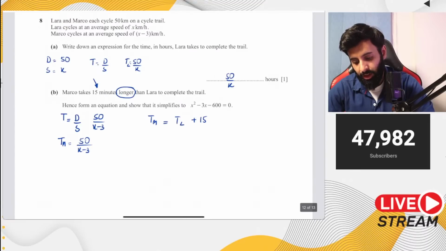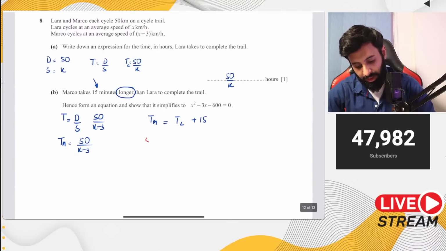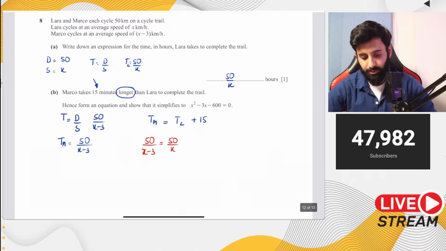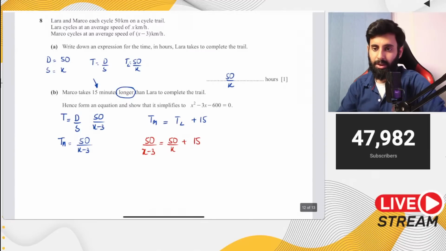Now be careful about one thing over here. In fact, you guys tell me if I'm doing this correctly. The time that Marco takes is 50 upon x minus 3. The time that Laura takes is 50 upon x plus 15. Now tell me, is this correct, or am I doing something wrong here?